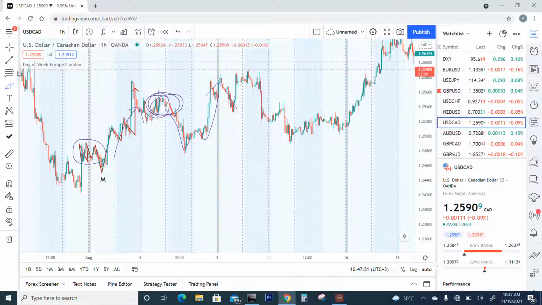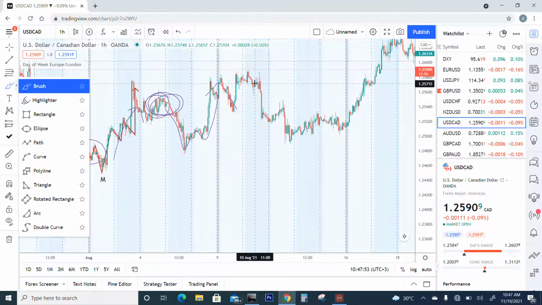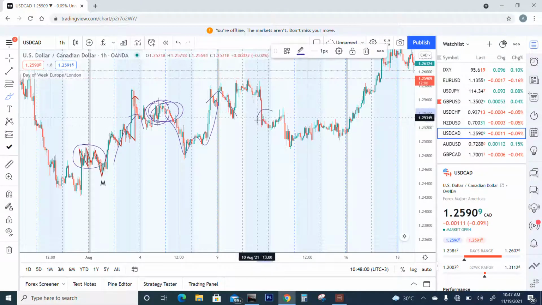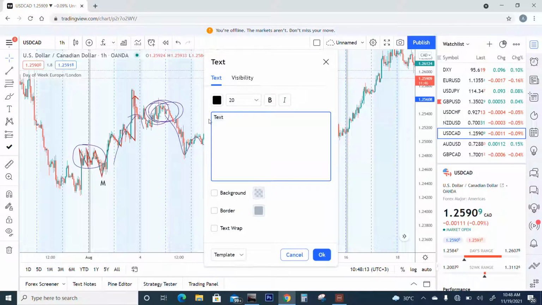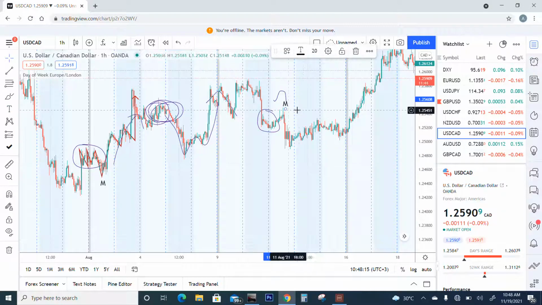Like here, the market's going down, did an expansion going down, made a lower low. So we know the market's going down. If it's going down, what's going to happen? The market doesn't just move first. There's accumulation followed by manipulation here. M. I'm trying to draw an M here, but it does not work, so I'll type it. M, which is a manipulation here.